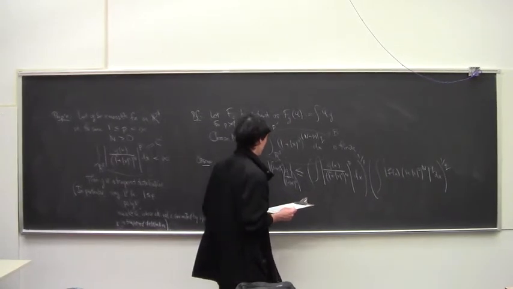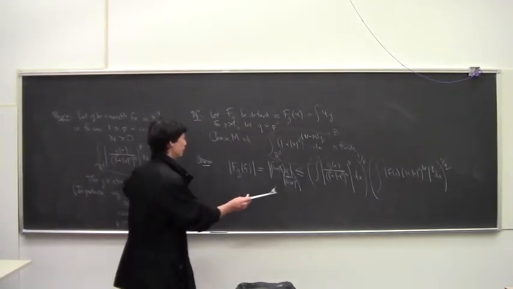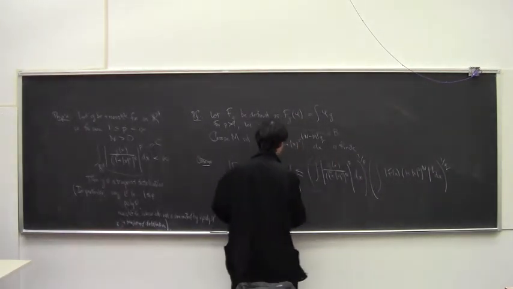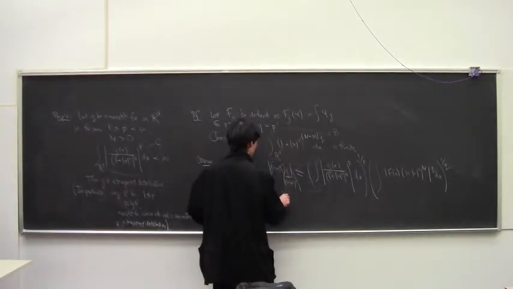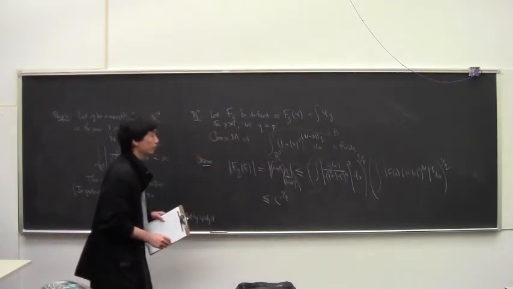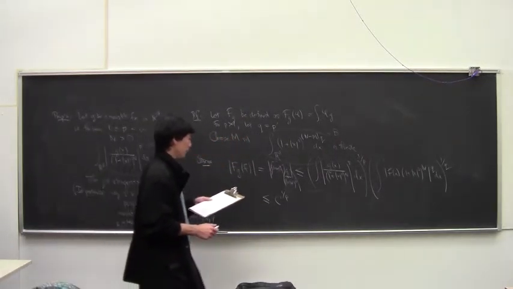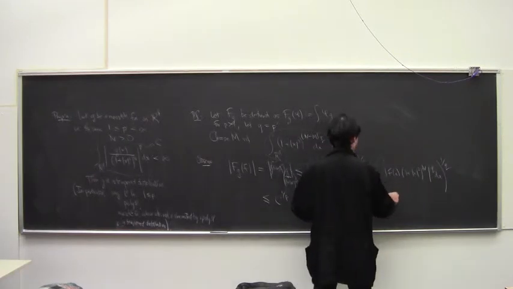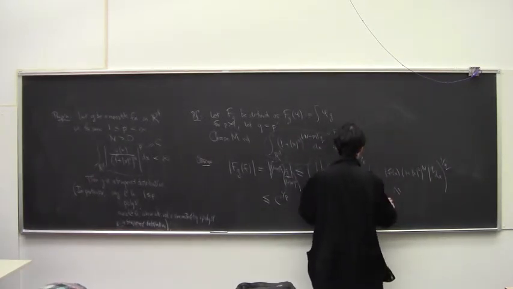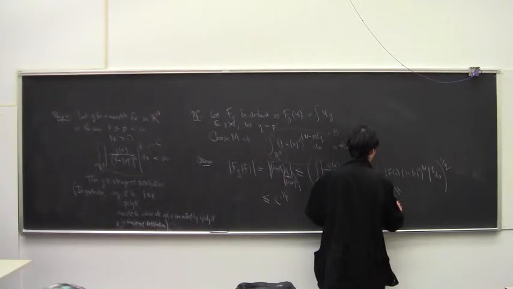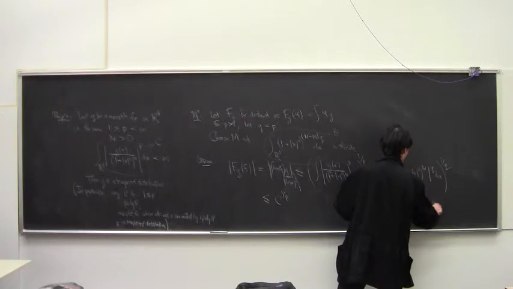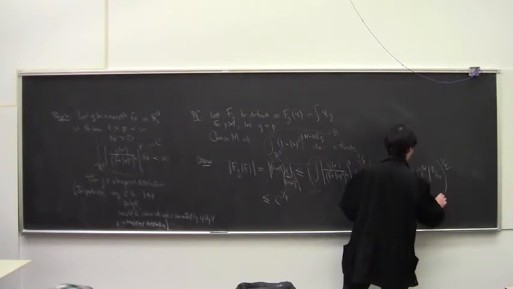You say, okay, well, we know that this term here is bounded by that constant. And this term is bounded by B to the power q times the supremum of (1 plus |x| squared) to the m times f.